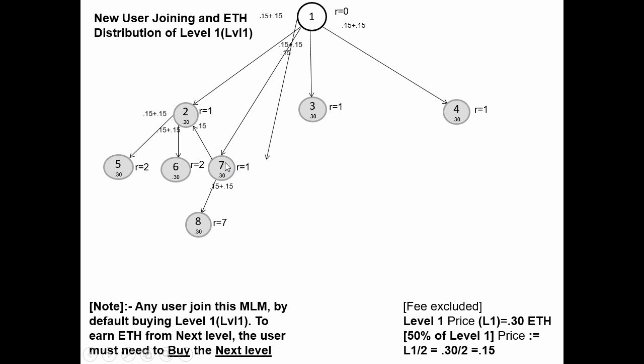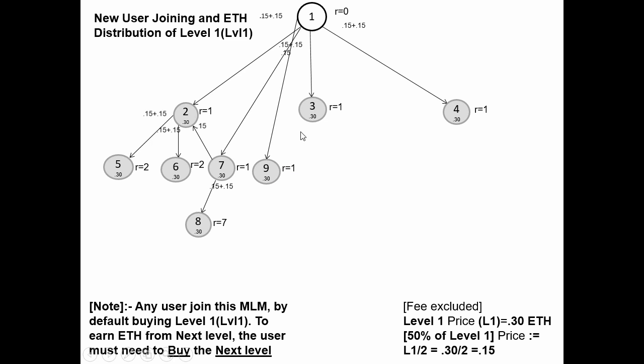Now user 1 is adding the next user. The next user ID will be user 9. Here it will be 9, and where will it be placed? The second level: filled up, filled up, filled up.